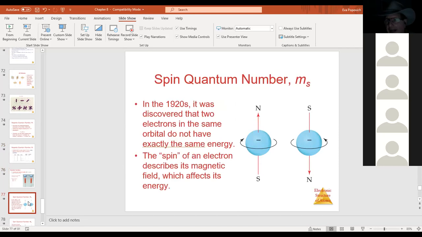Basically, through a mathematical study, they figured out that no 2 electrons can have the exact same set of quantum numbers. Because of this, they had to impart a spin quantum number so that one is spinning with the magnet, the other spinning against the flow of the magnet.